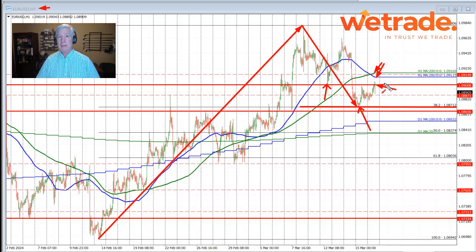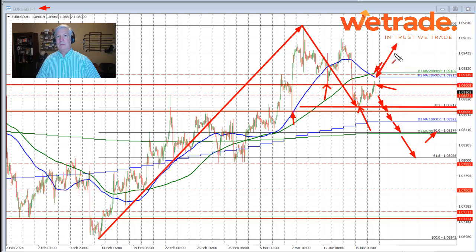Still need to get and stay above the 109 level and then get above the 100 and 200 hour moving average to increase the bullish bias. Alternatively, we need to get below the 38.2% retracement and maybe this low price right here to start to look toward the 100-day and the 200-day moving averages and 50% retracement. All those are the targets on the downside for the euro versus US dollar today and going forward this week. If we get below all those levels, it opens the door for the downside.